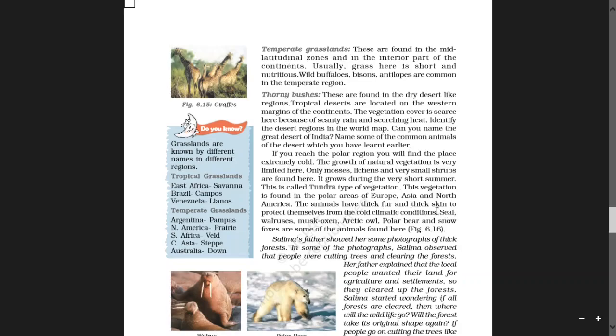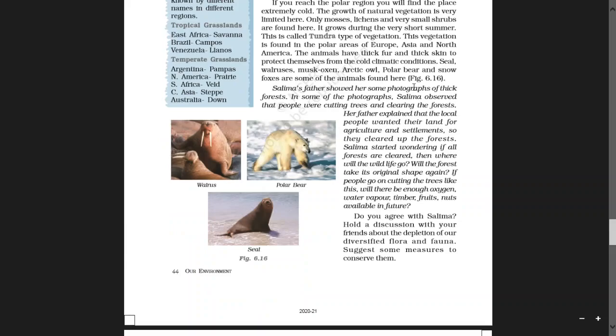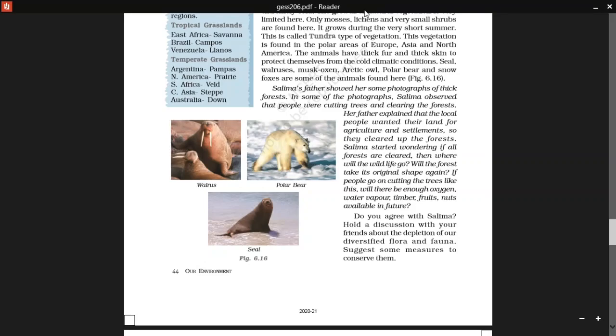Seals, walruses, musk oxen, Arctic owls, polar bears, and snow foxes are some of the animals found in the tundra regions.